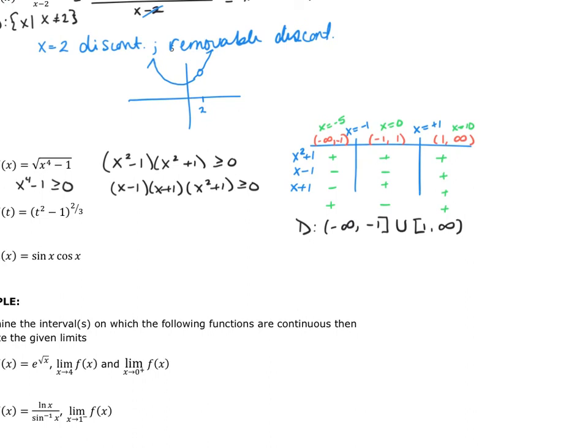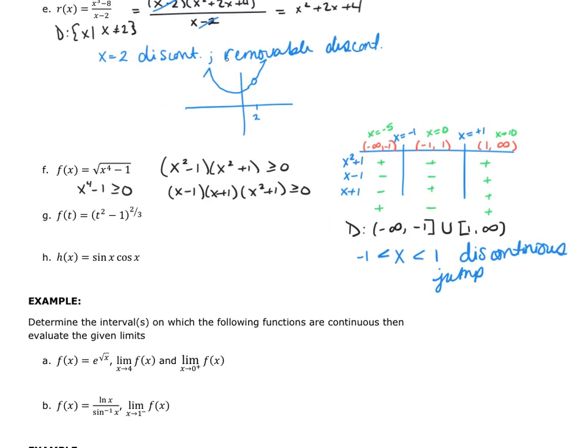So on my domain that is true, but when x is between negative 1 and 1, non-inclusive, it is discontinuous. It's discontinuous because it's a jump. You have to physically pick up your pen and move it to another place, so this is a jump discontinuity.